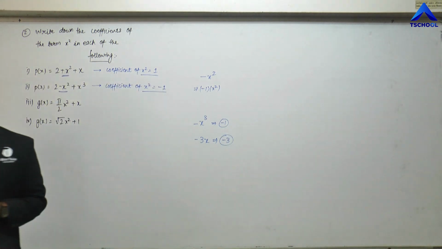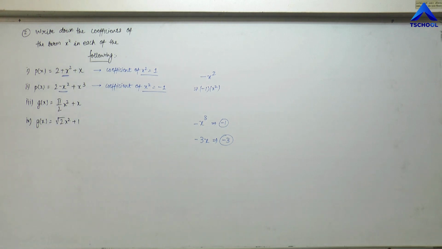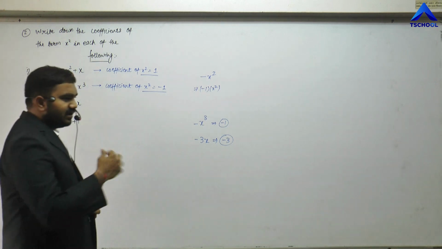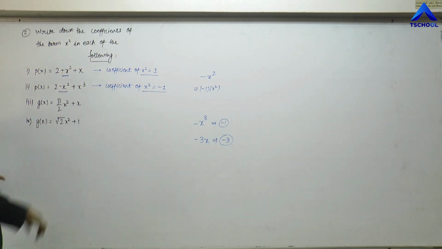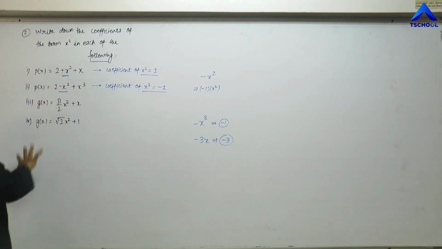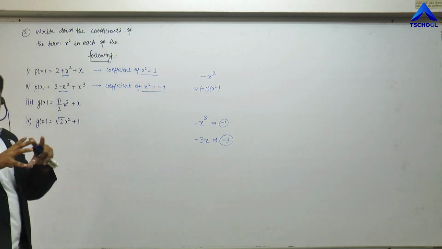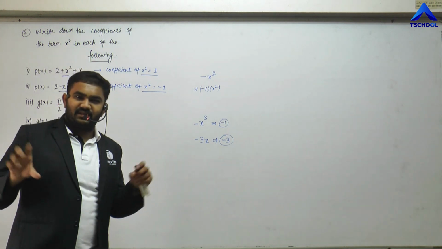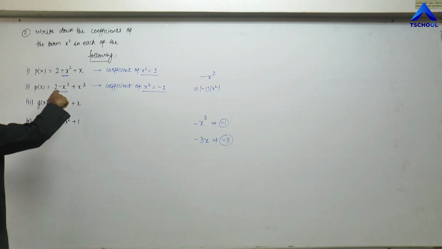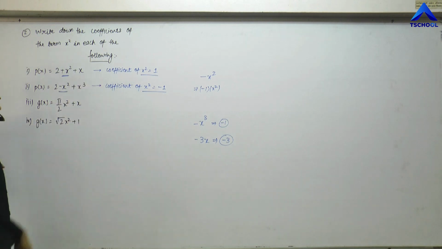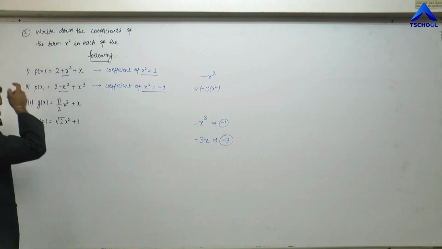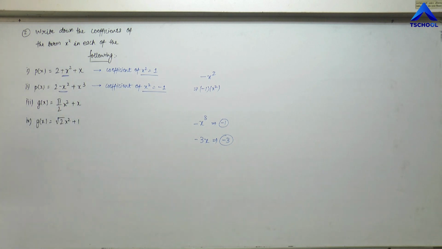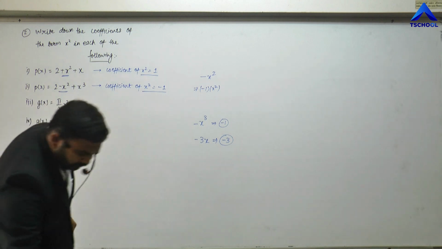The minus is to be taken in consideration with the next term. If it is 2 minus x square, it is not that all three are different things. This minus is to be considered with the next term, that is 2 minus x square plus x cube. So that minus is being carried over to the next term.